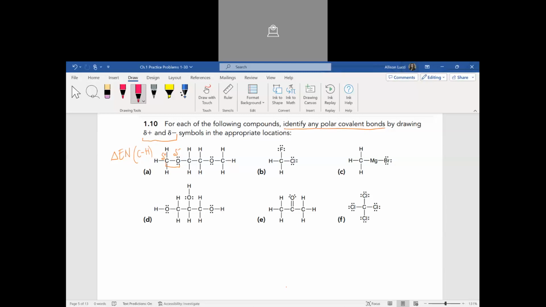We'll continue down. This carbon here would also be affected by the polarity of this carbon-oxygen bond, and it would also hold a slightly positive charge. And then we'll follow this down, because this carbon would hold a partial positive charge because it's next to this oxygen.